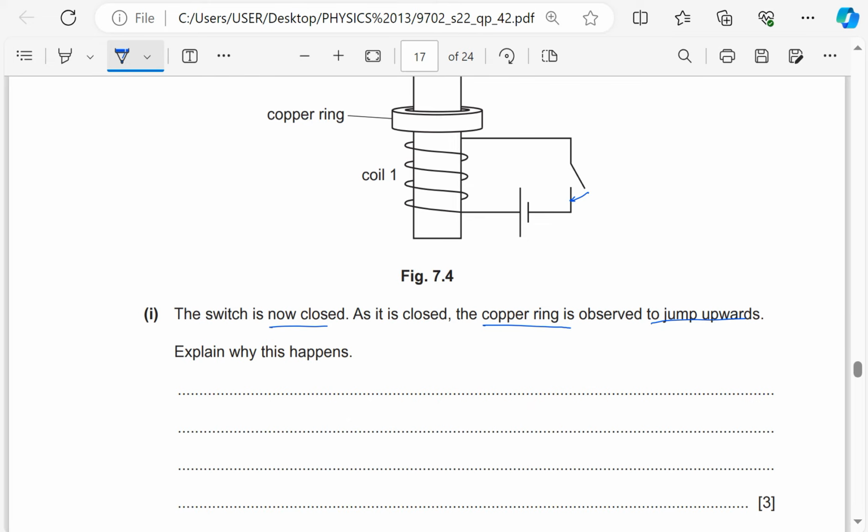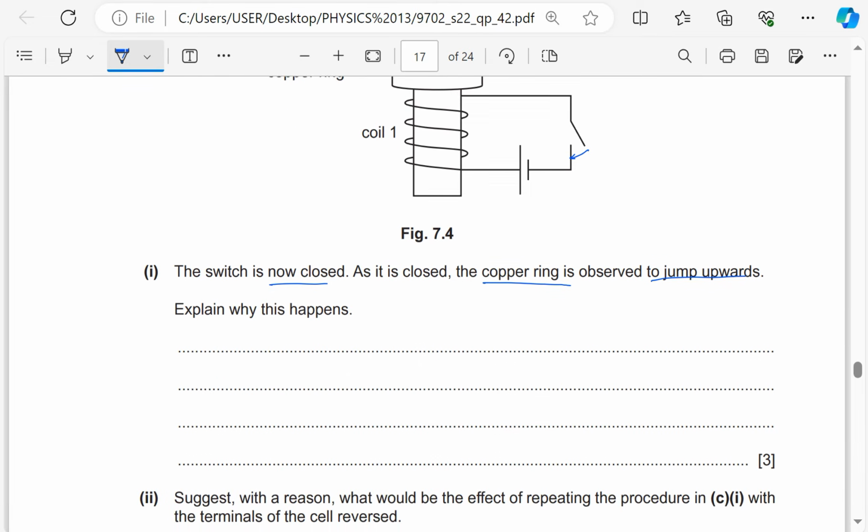Changing current in the coil causes a changing magnetic field, which induces an EMF in the ring. So I'll start from that point. Changing current in the coil causes changing magnetic field.